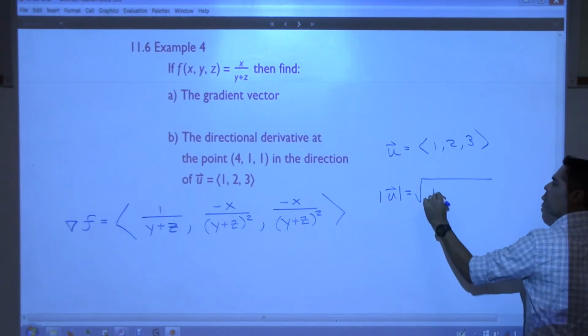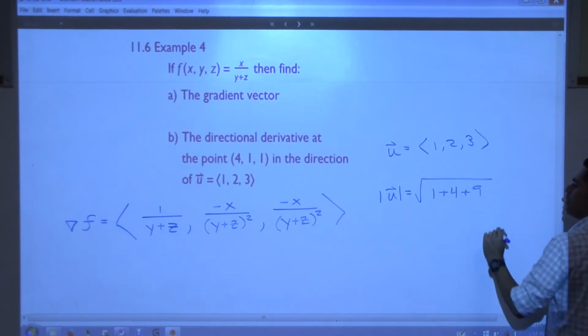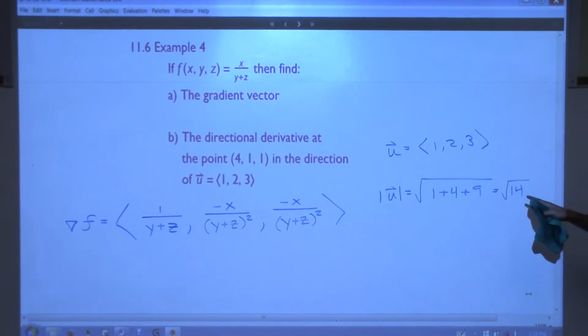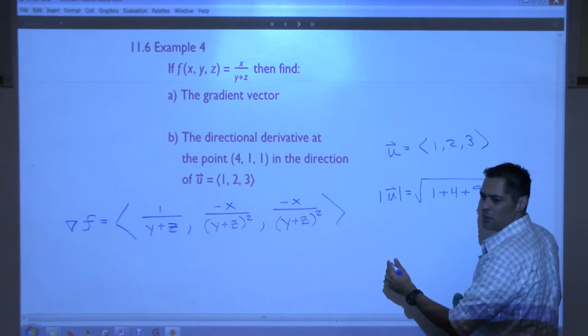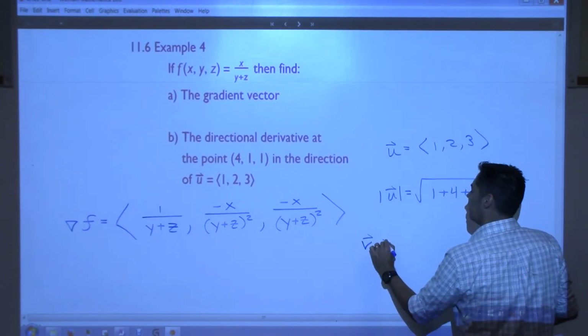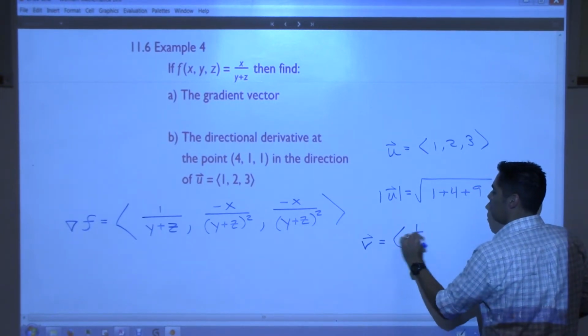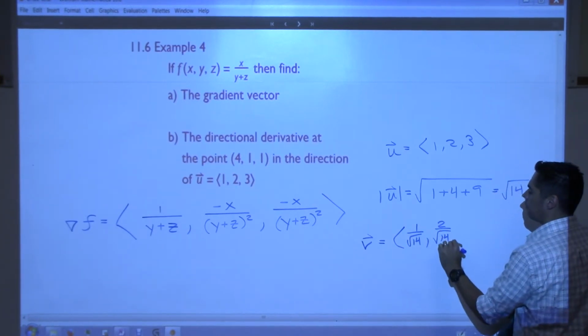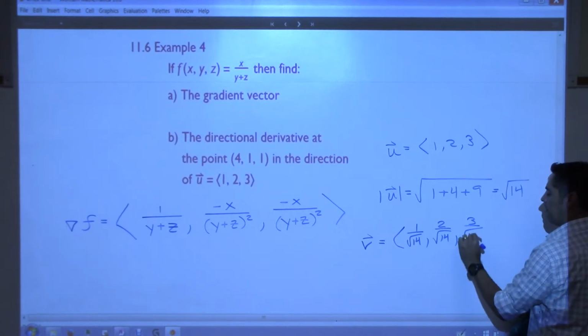Square root of 1 plus 4 plus 9, which is root 14. And so I'm going to scale each of these components by this. I'll call that vector v, equal to 1 over root 14, 2 over root 14, 3 over root 14.